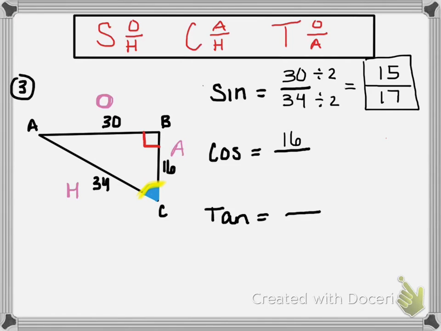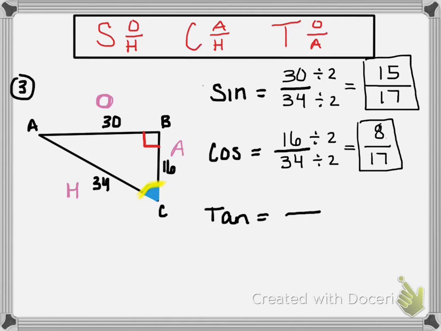Adjacent is 16 over the hypotenuse, which is 34. Again, these are both divisible by 2. So let's divide the top and the bottom by 2. On top, when I divide, I get 8. And on the bottom, I get 17. And 8 over 17 is the cosine of that angle.